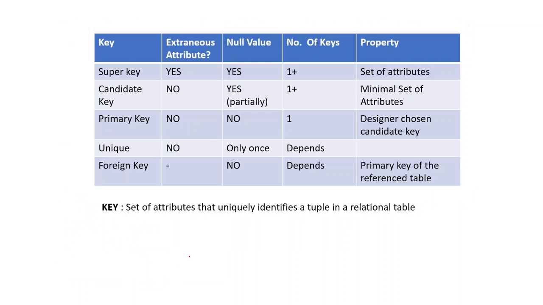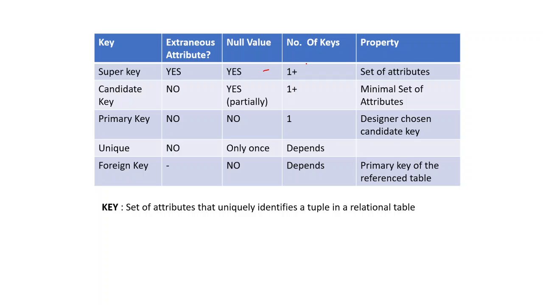And now this just sums up whatever I have said. You can take a screenshot of this. In the case of a super key, it contains an extraneous attribute. It can contain a null value. You can have more than one super key in your relational table, as we have shown in that example.